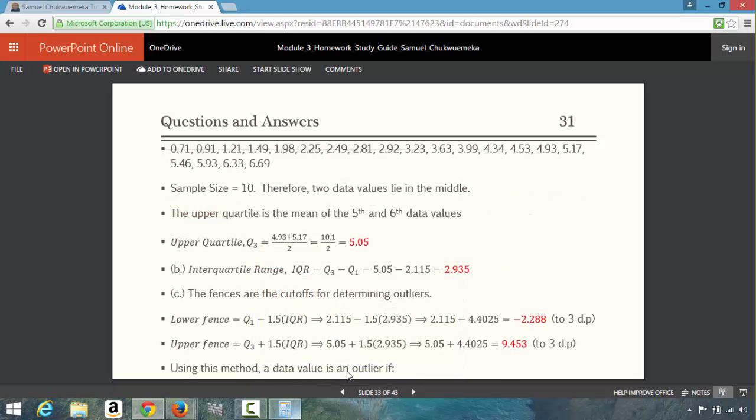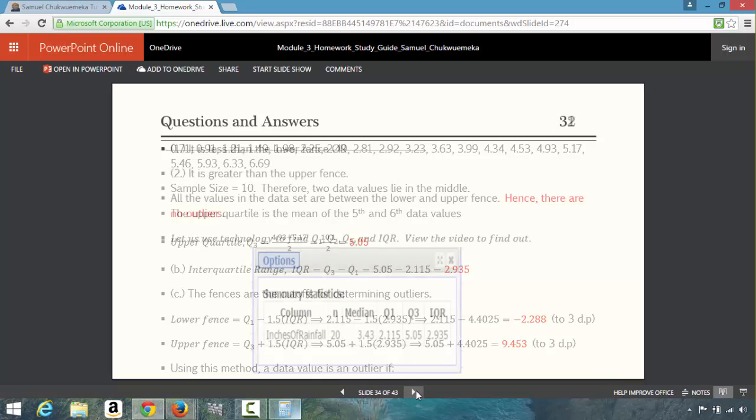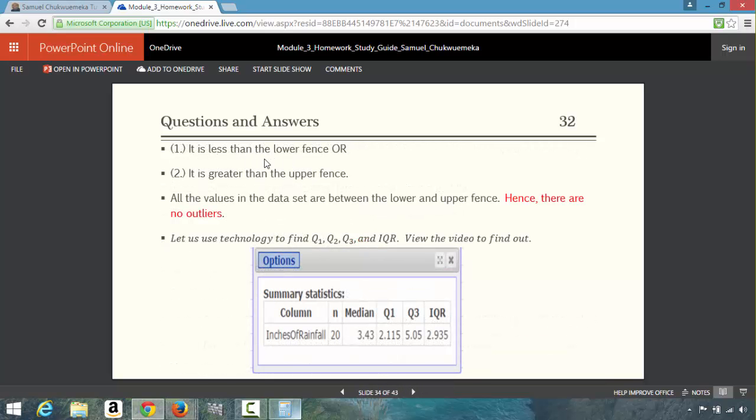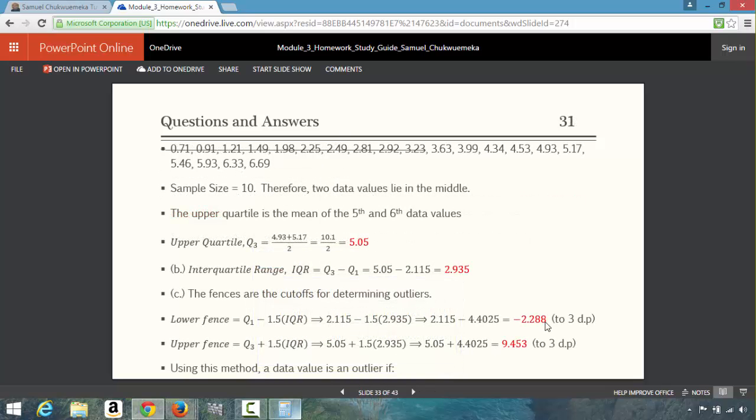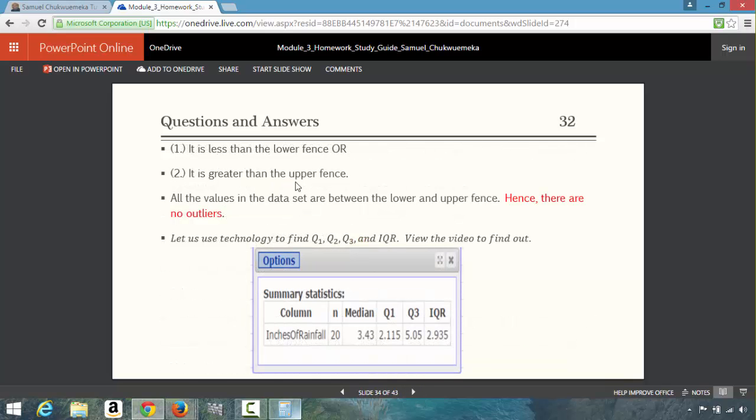An outlier is if it's lower than the lower fence, which is negative 2.288, or if it is greater than the upper fence. We don't even have negatives in the data values, and we don't have up to 9 point something. So because we don't have values that are lower than the lower fence or greater than the upper fence, there are no outliers.